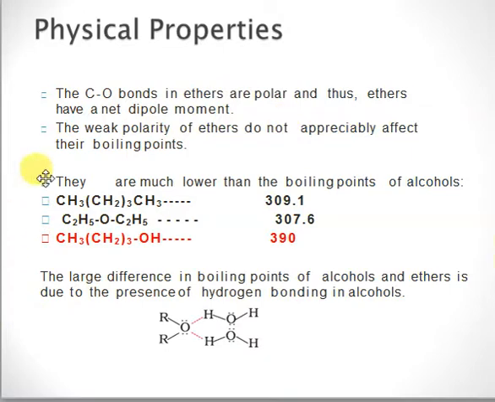Just for comparison, we consider these different alkane, ether, and alcohols. For convenience, we have kept the number of carbons the same, so we have almost the same molecular weight. We have pentane, where the boiling point is 309 Kelvin.